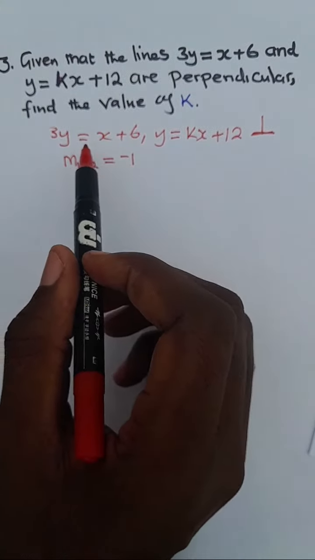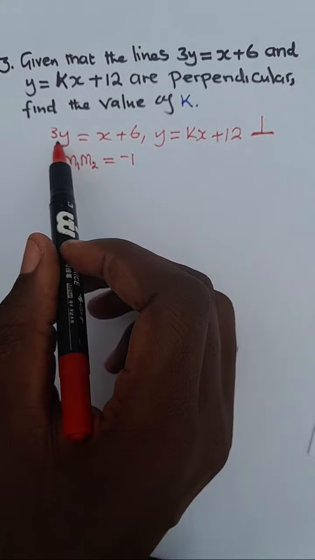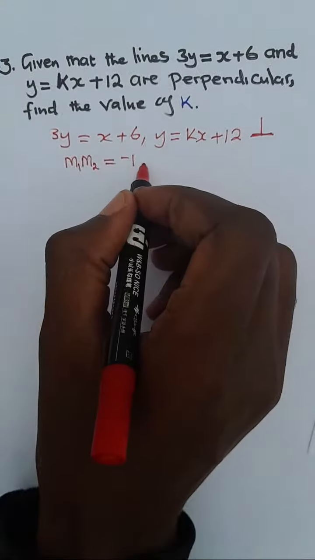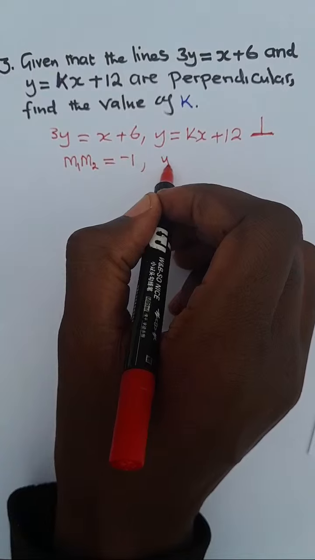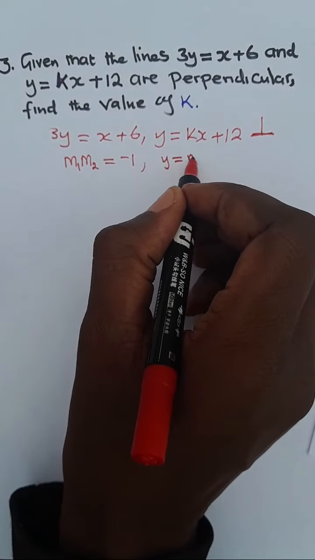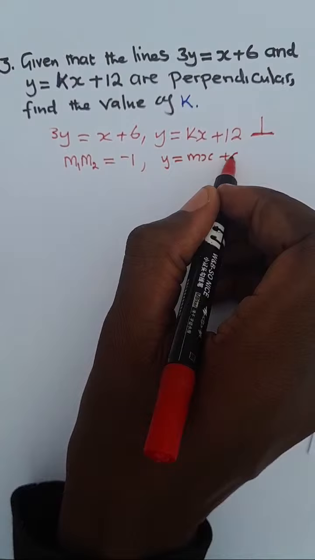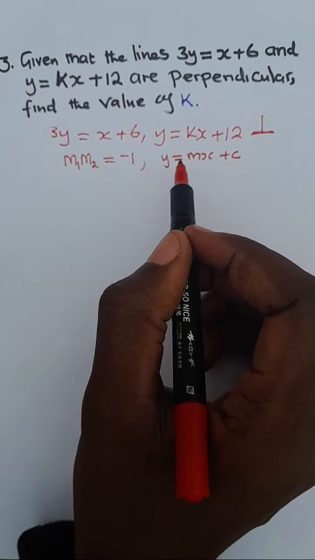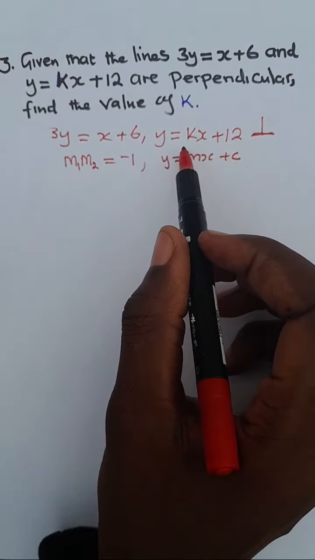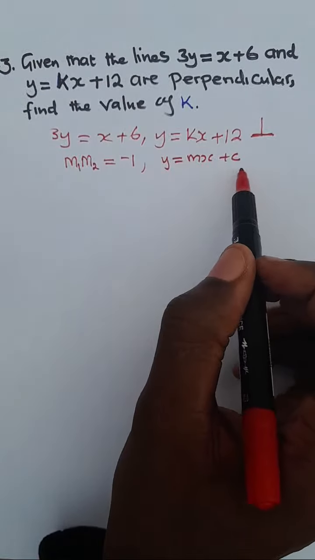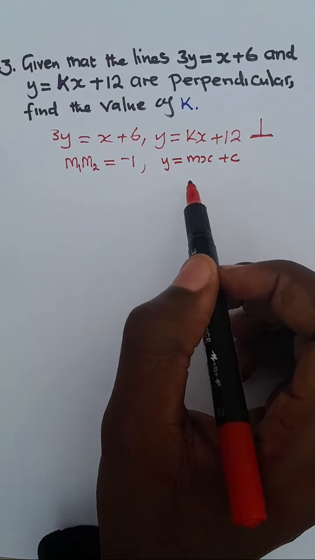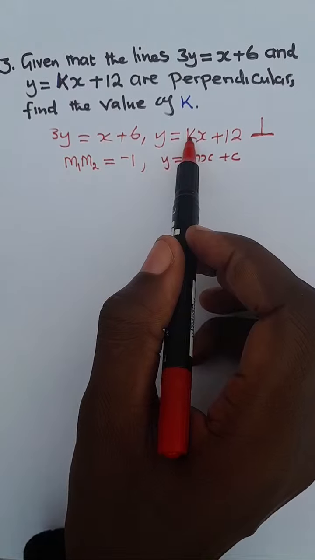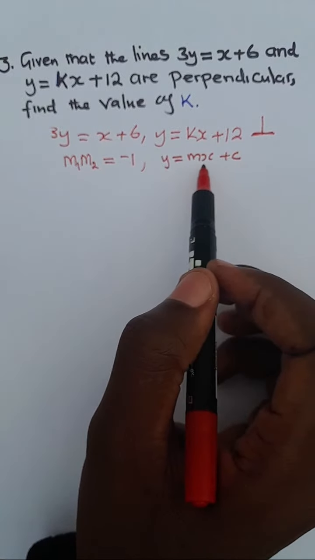Now, knowing this information, what are we going to do next? We are going to make sure that these two lines are both in the form y is equal to mx plus c. For us to find the gradient, we need to make sure that all these lines are in this form. The line with k is already in this form.